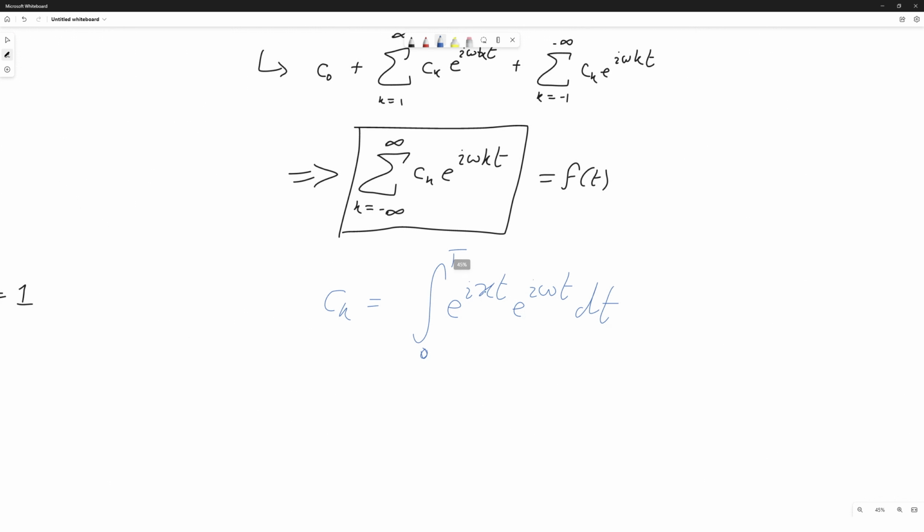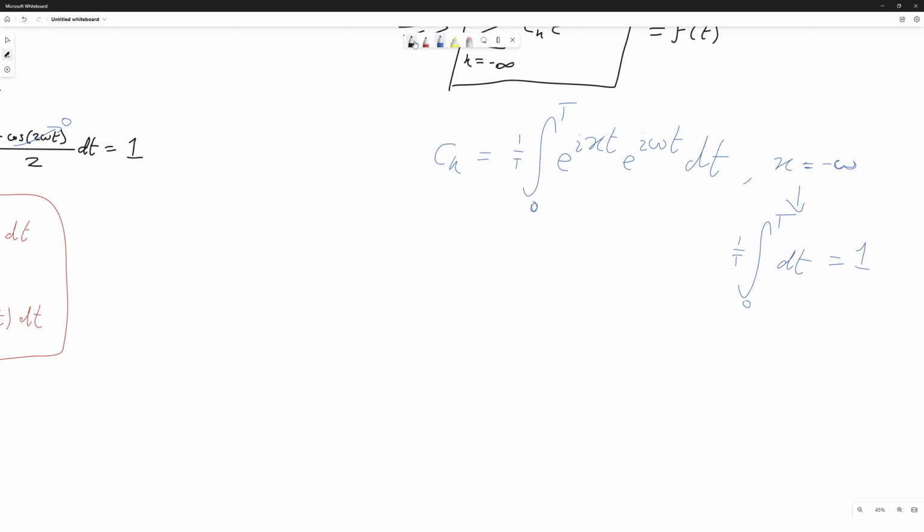However, if x is equal to minus omega, what we get is the integral from 0 to T, and these two will just cancel out to be 1. So dt will just get T. But we would want it to be 1 again, so we'll modify this to be 1 over T again, and we will end up with 1.